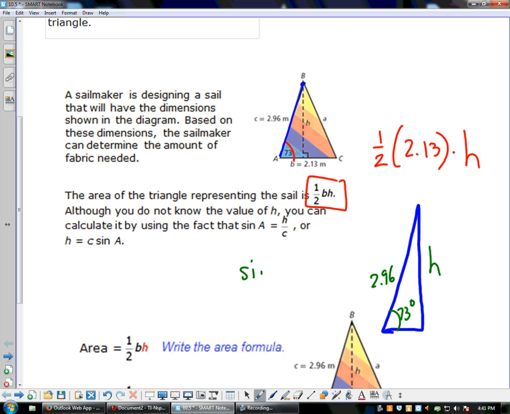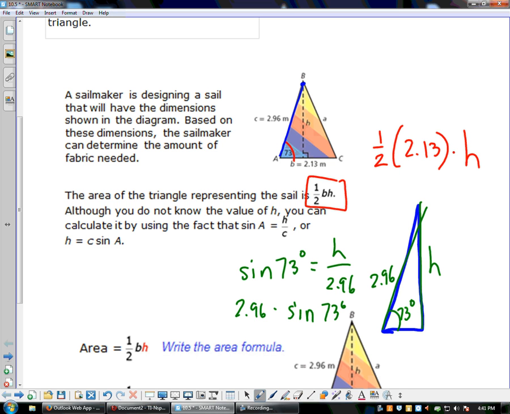Using sine, which is the opposite over the hypotenuse, the sine of 73 degrees is going to equal h over 2.96. So if we wanted to, we could solve for h and do 2.96 times the sine of 73 degrees.